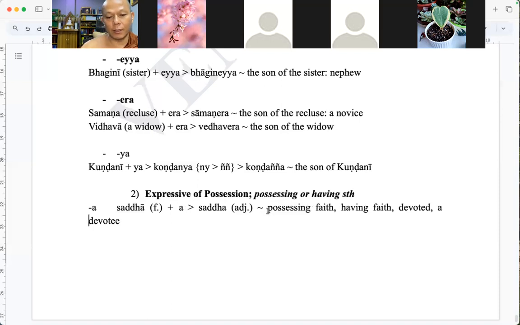But literally, that is possessing faith or having faith, and maybe devoted or virtuous, also later pious. So based on maybe many words can be to the point one who has faith. Okay, who has faith or possessing faith or having faith. So as an adjective, originally adjective, but later as a noun. So that is the a suffix.